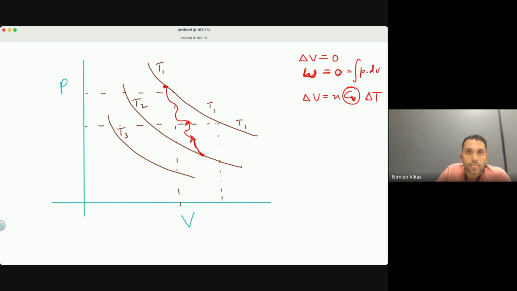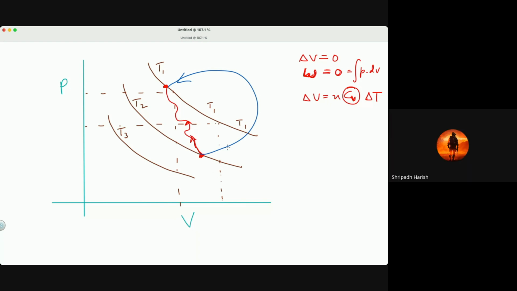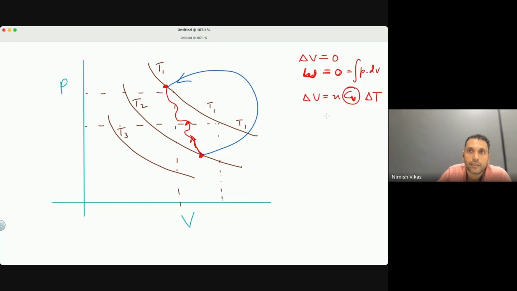First of all, does it matter for the change in internal energy whether I went that way or this way? No, it will not matter. It is simply directly nCV into change in temperature. You went which way, it doesn't matter. So it is called a state function, where you are, not a path function. Is that clear?